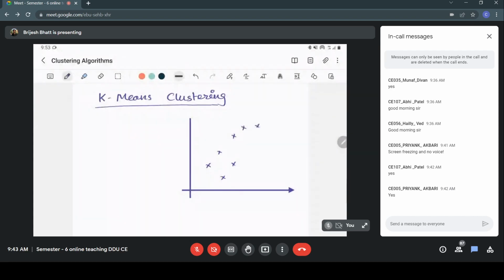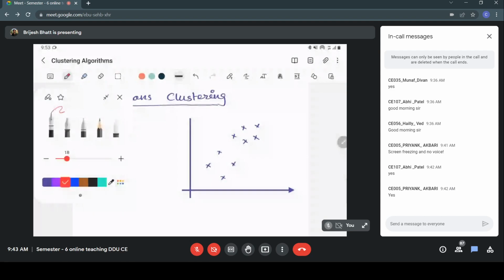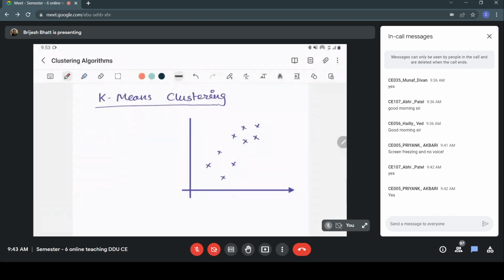For example, in k-means clustering, we start with any two random cluster heads. So first thing we do is decide the total number of clusters that we want to create, which is decided a priori or is known in advance.